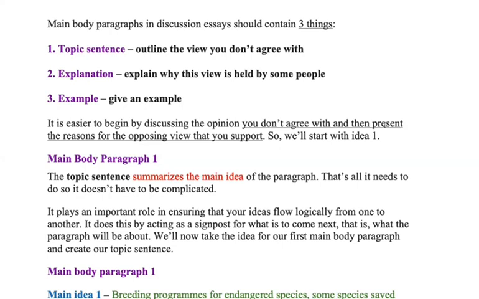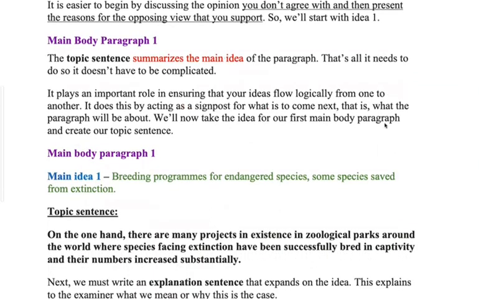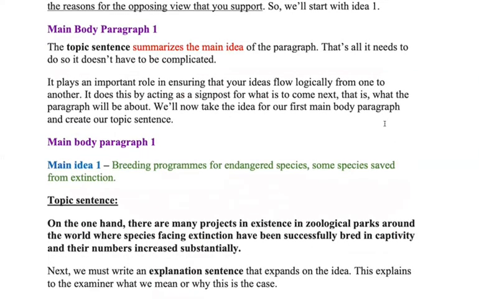We'll now take the idea for our first main body paragraph and create our topic sentence. So here we have the main idea of our topic sentence. And now let's move on to the first idea in our main body paragraph one. So we have introduction, body one, body two, and then conclusion.